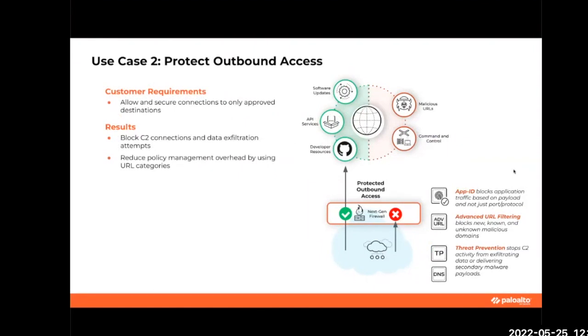So instead of allowing a set of URLs, you can add categories, and you can block known and unknown malicious domains using the Advanced URL service. And also you can use threat prevention and DNS security services on these firewalls to make sure that the attacker is not going to be successful establishing that command and control channel back to their service.